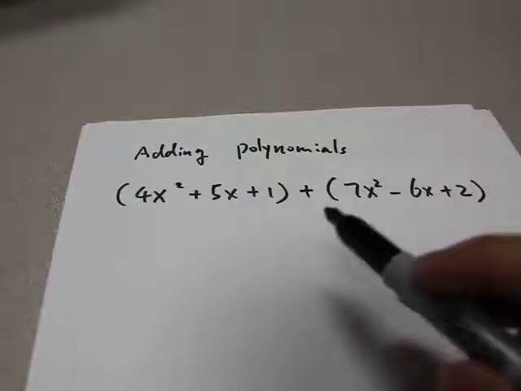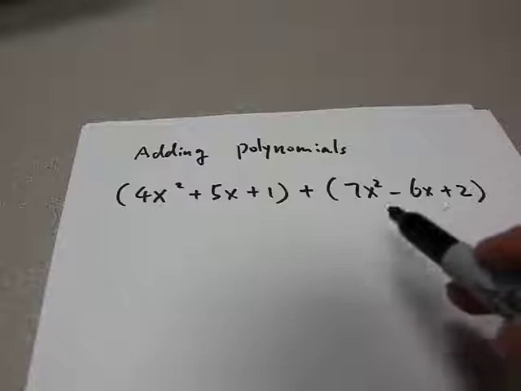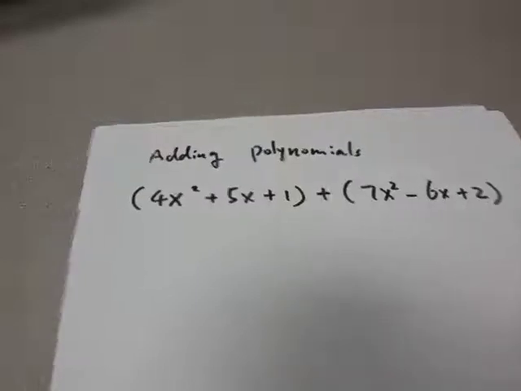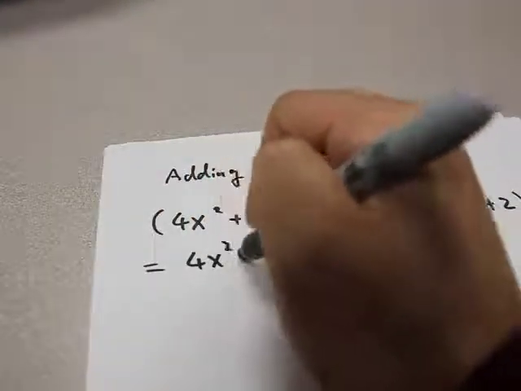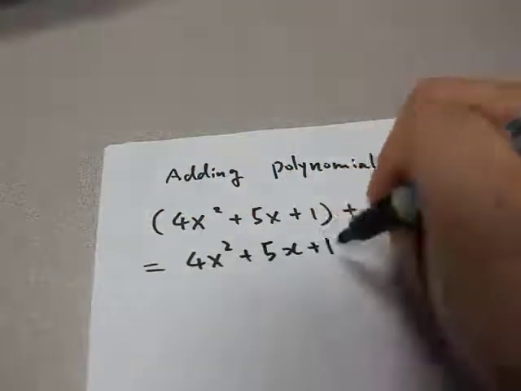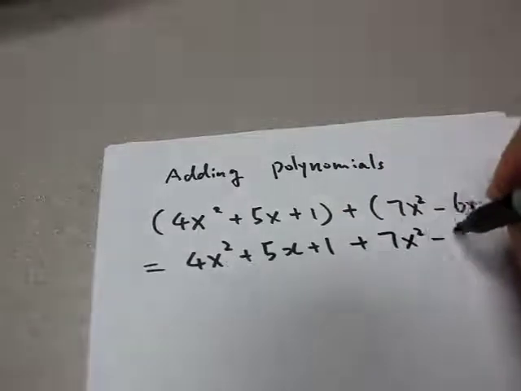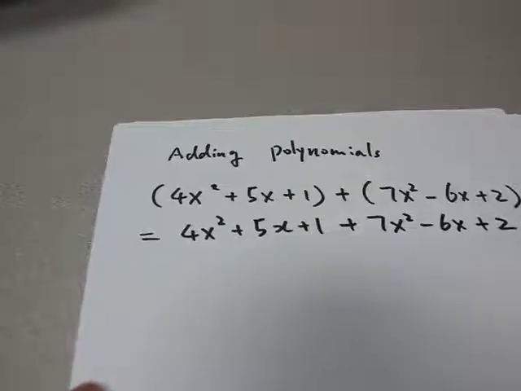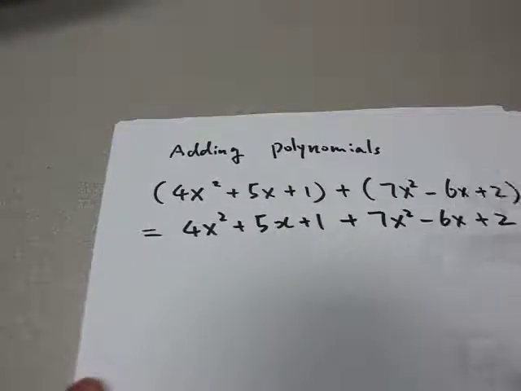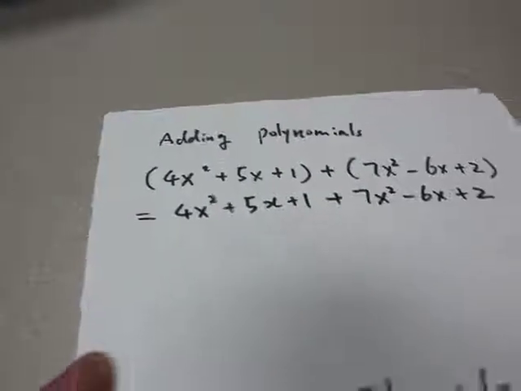And this polynomial is added to 7x squared minus 6x plus 2. So the first step is we want to remove the parentheses. And then we search for the like terms and combine the like terms.